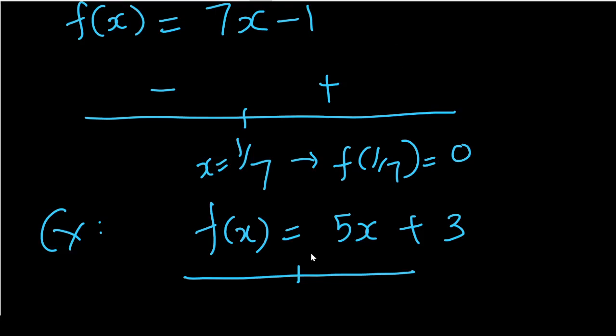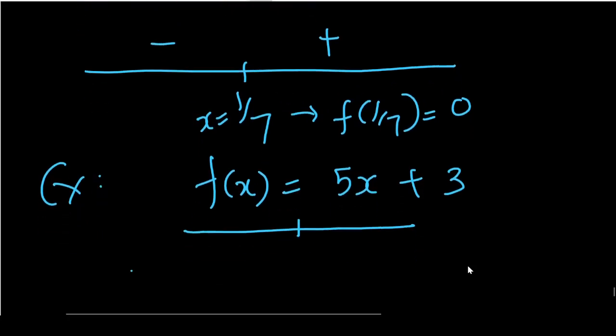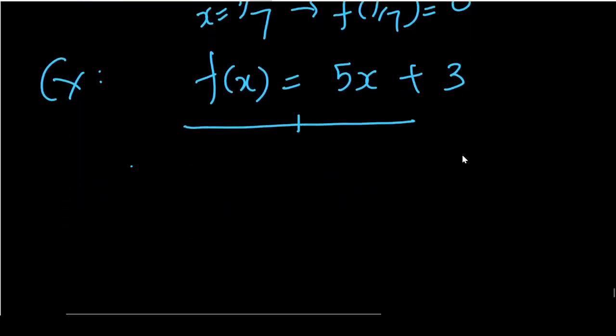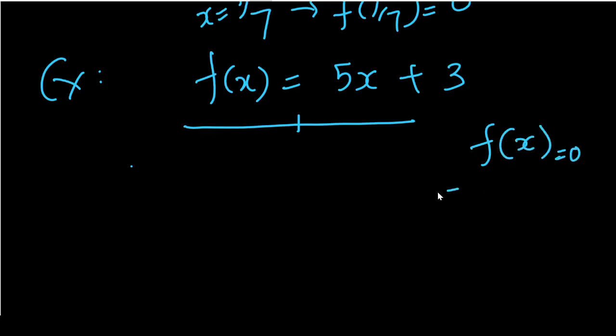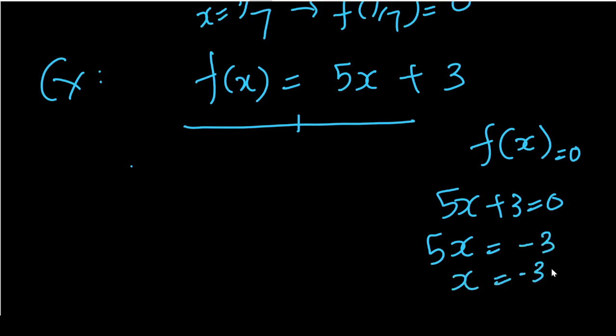So f(x) becomes 0 at 5x plus 3 equals 0, so x equals minus 3 by 5. At minus 3 by 5, this linear polynomial vanishes.